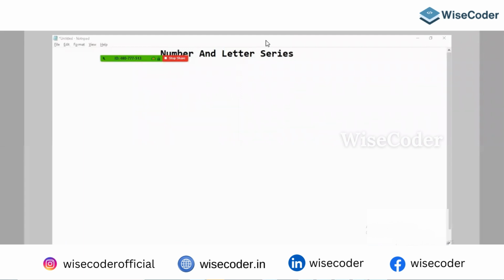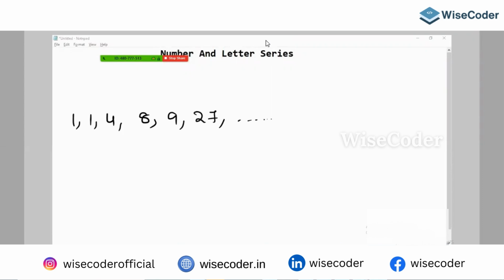Let's consider 1, 1, 4, 8, 9, 27, and so on. You need to figure it out. Here the series of squares of natural numbers is combined with the series of cubes.